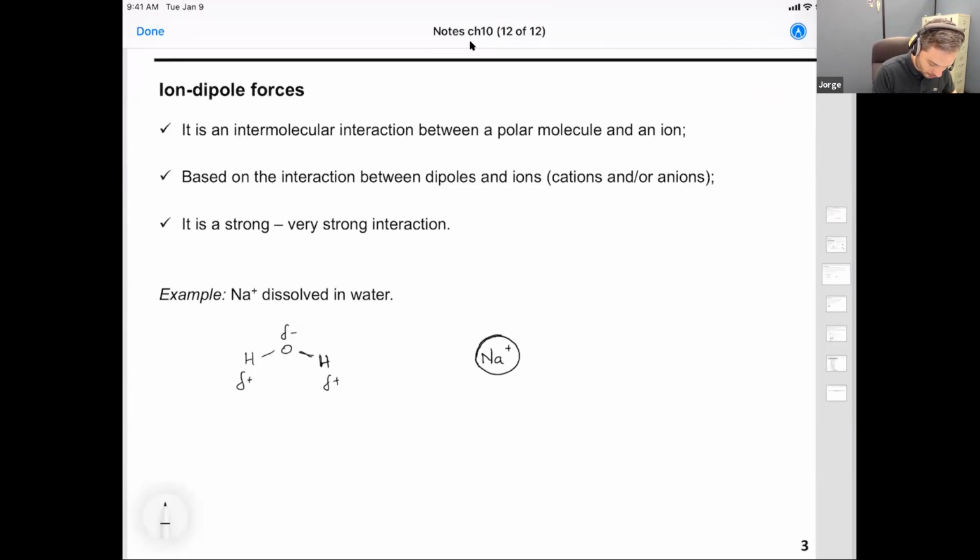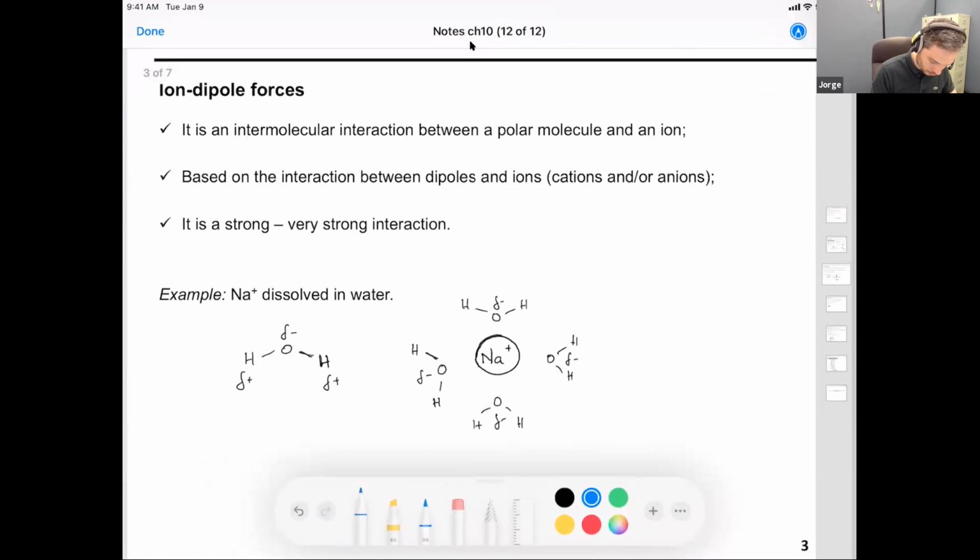So therefore, the negative part of the water molecule is going to align here with the cation. Okay, so therefore we have the oxygen strongly interacting with sodium plus.